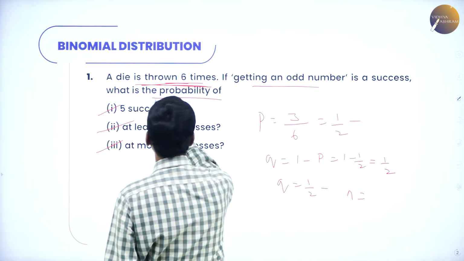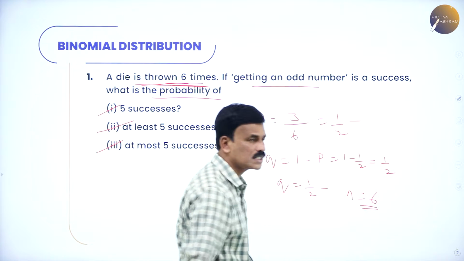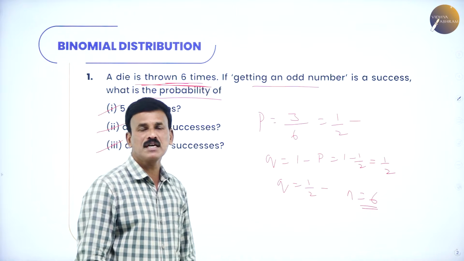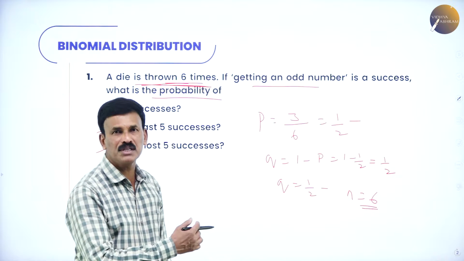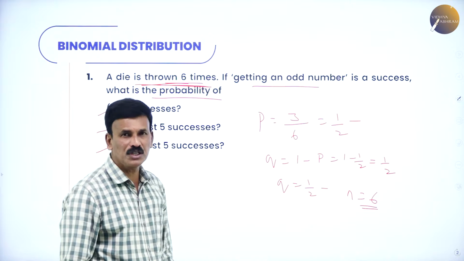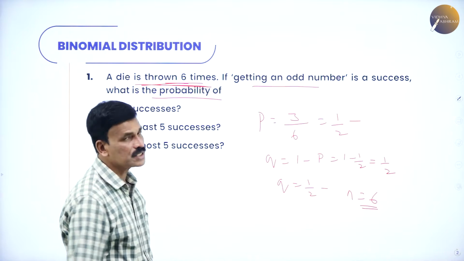Whereas n, what is n? n is nothing but the number of times a die is thrown, so n is equal to 6. These are the given conditions.